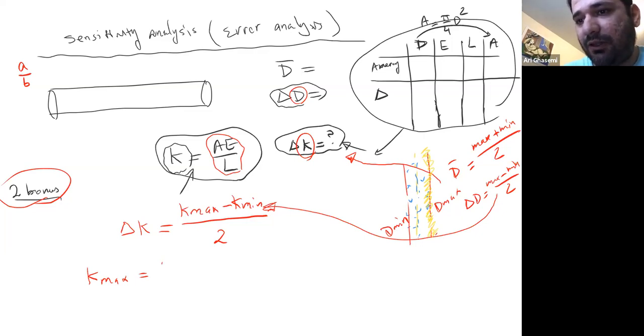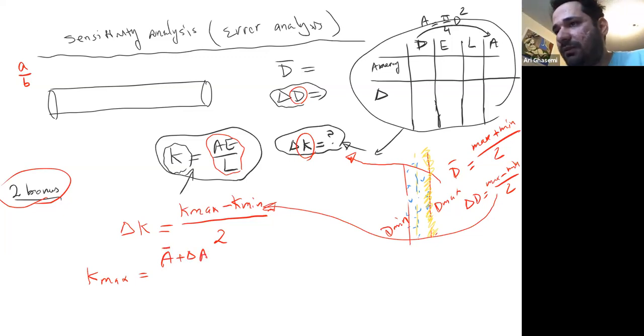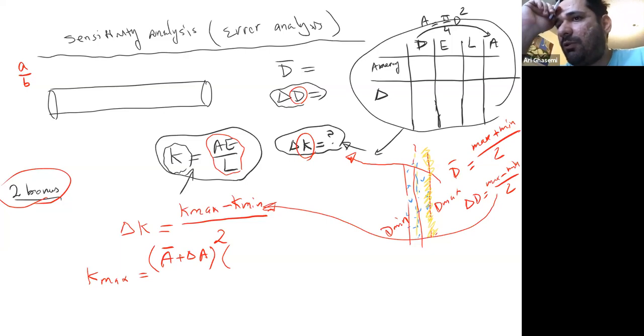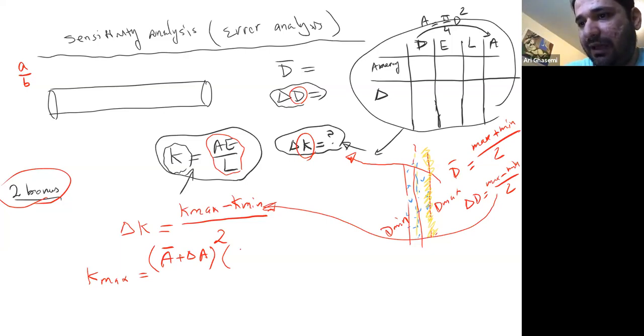It is A average plus delta A. You see, the middle center line is the average. The average plus delta is my bound. See that? Times what is my maximum E? E average plus the upper bound.